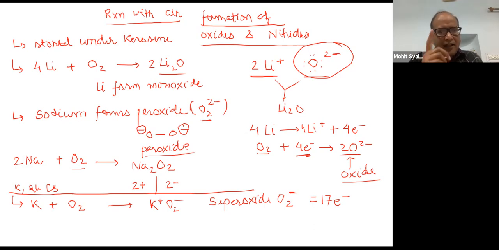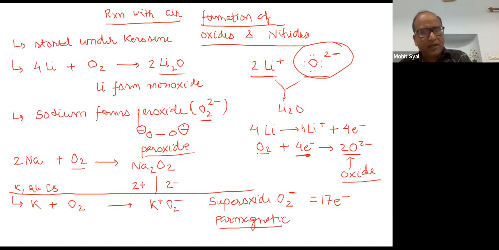If there is a single unpaired electron, that substance will behave as magnetic. So these superoxides will be paramagnetic in nature. Paramagnetic means they have this unpaired extra electron which is not paired to anyone.